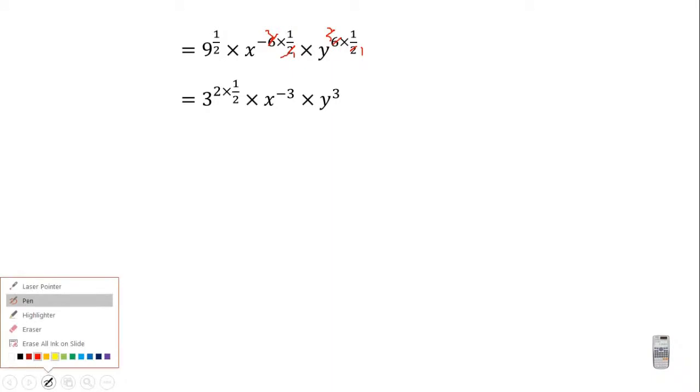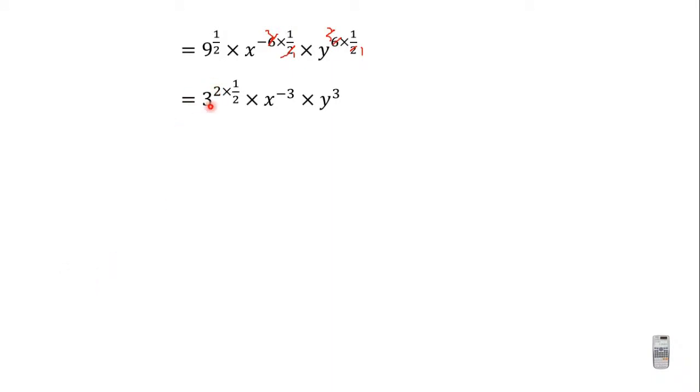Okay, so it means that you are going to have 3 exponent 2 times 1 over 2 times, when you come here, 2 cancel itself 1 and cancelled here 3 times. So you are going to have minus 3 times 1, which will give us minus 3. So we have x exponent minus 3 times, here we have 3 times 1, which is 3.